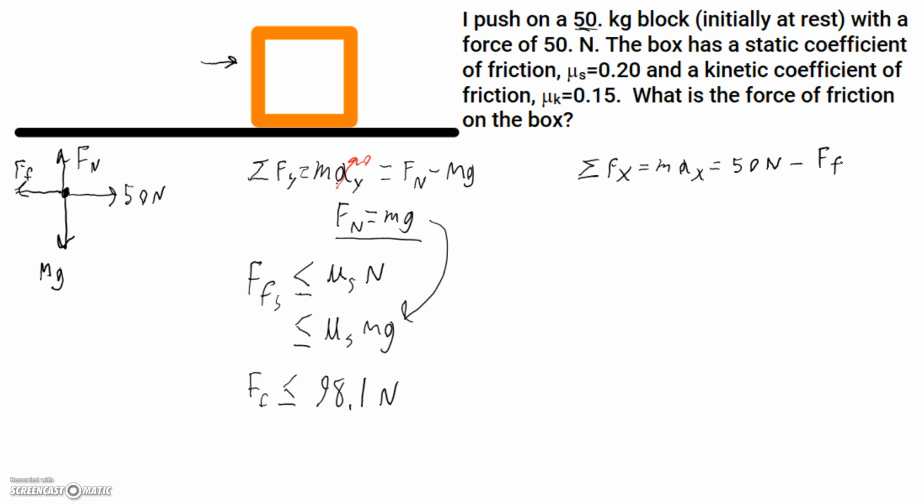Well, we know that because our applied force, 50 newtons, is less than 98.1 newtons, the box is not moving, so acceleration is 0. And so our force of friction is just equal to 50 newtons.